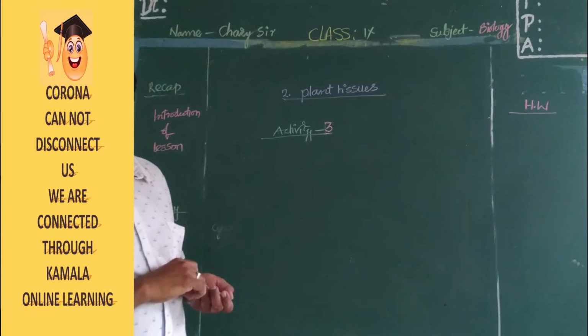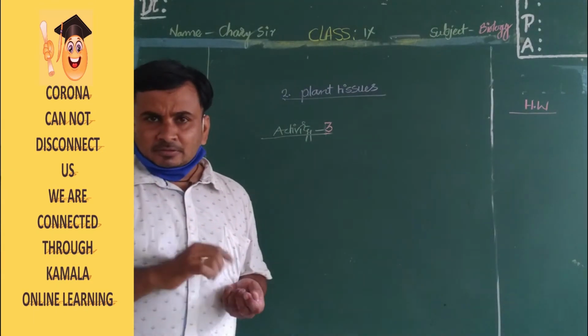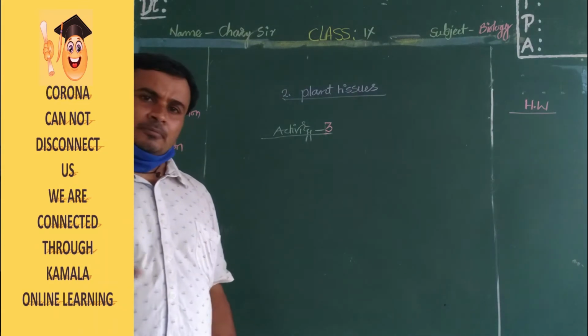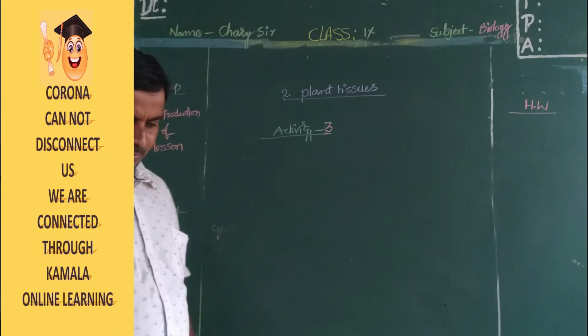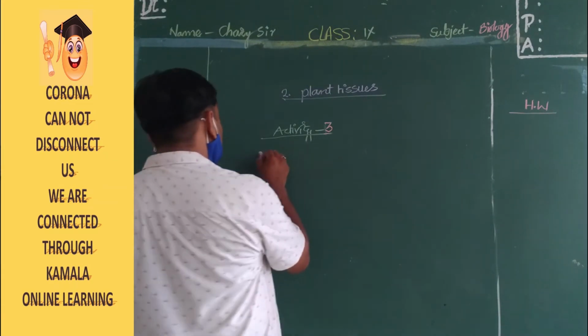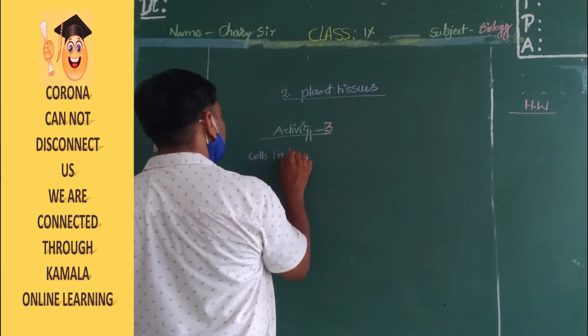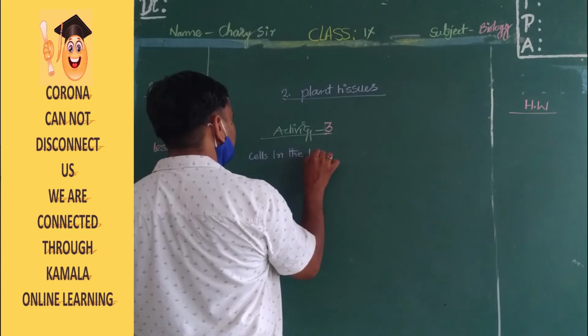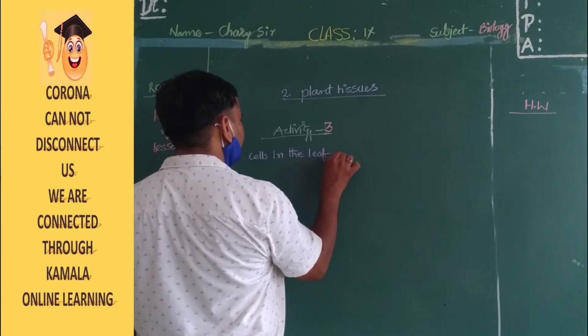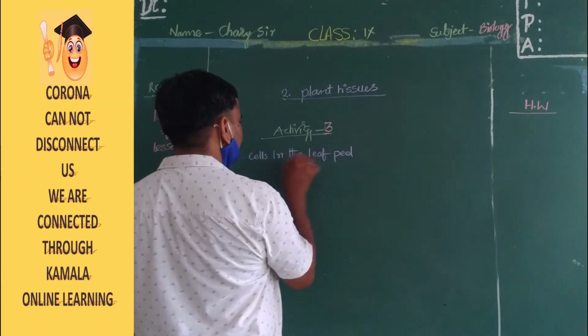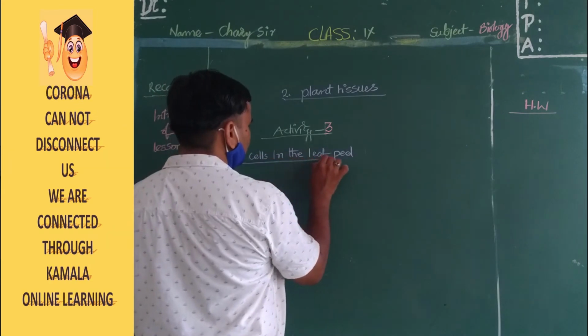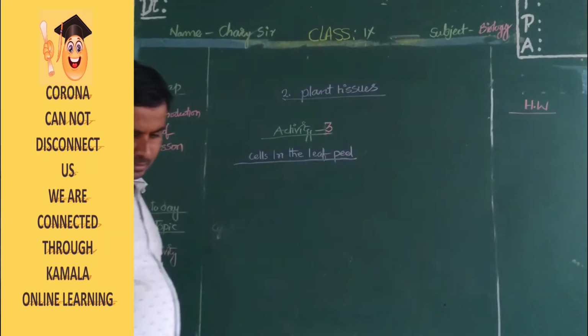Now cells in the leaf peel. Before it was onion peel, now it is cells in the leaf peel.